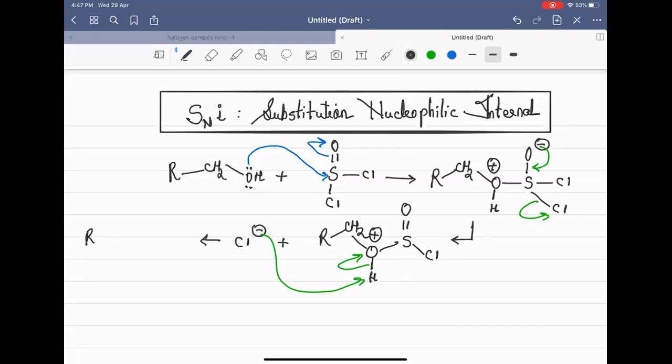Now this Cl minus would act as a base, pull your hydrogen back, and you have your structure R CH2 O, and then we have this S double bond O, and you have Cl. Sorry. So you have this Cl coming in. Now remember one thing, I can draw this a little better.